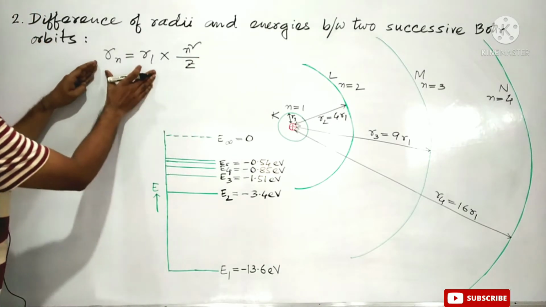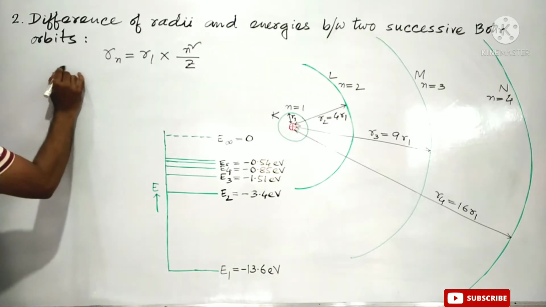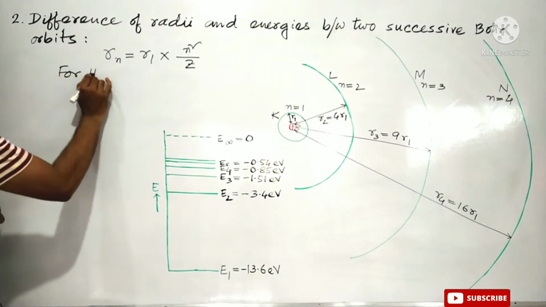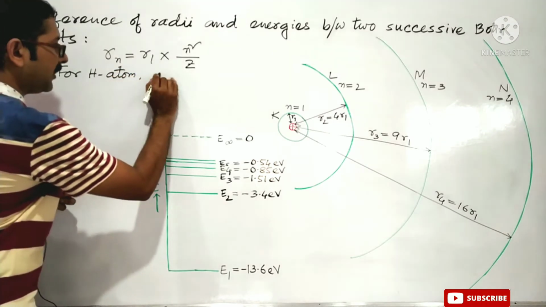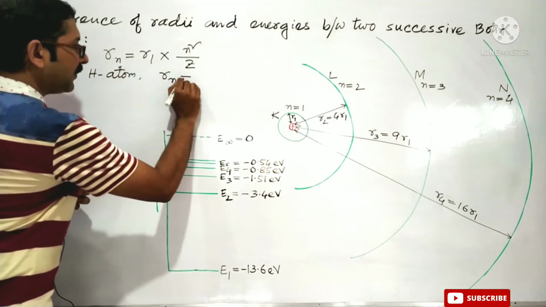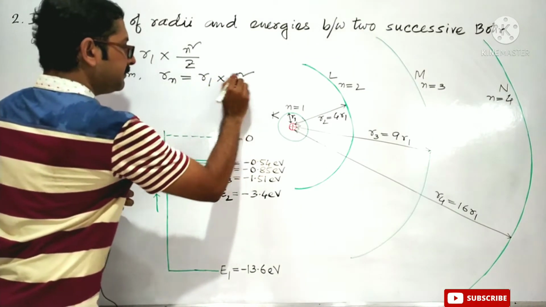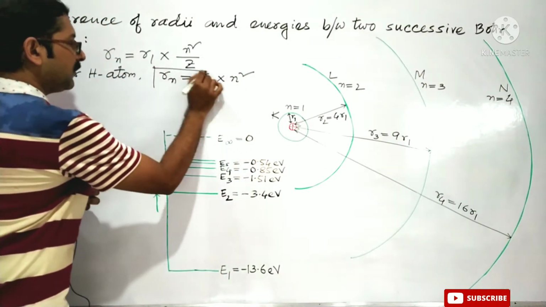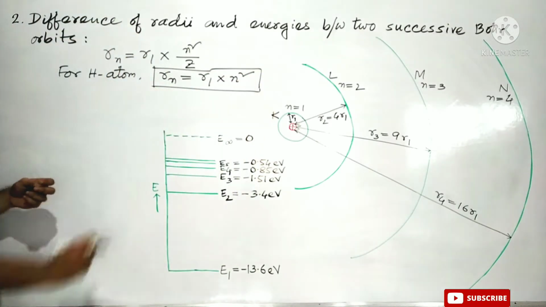So for hydrogen atom, Z equal to 1, so we can write Rn equal to R1 into n square. This is our relation for hydrogen atom.